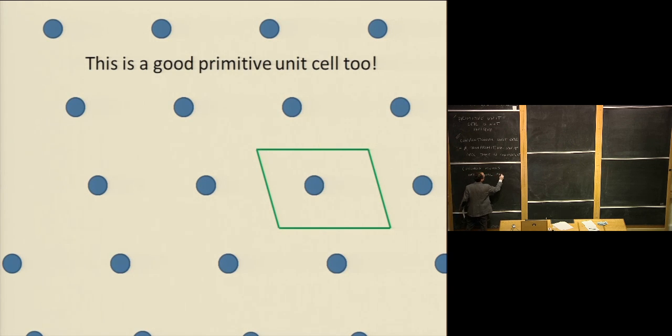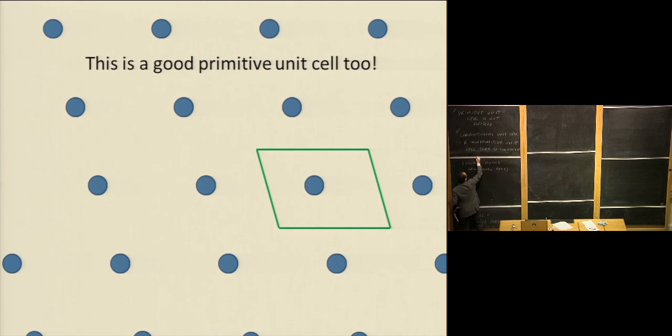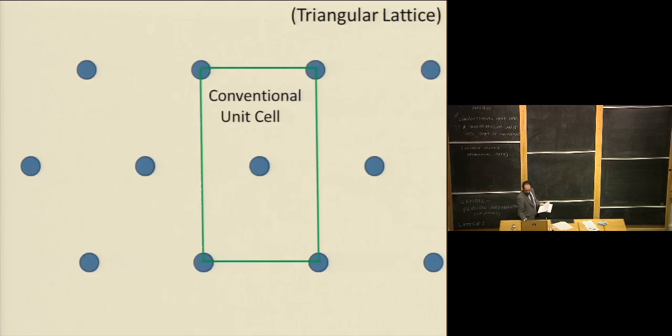Did I spell that right? I think so. So for example, here we have a triangular lattice and a conventional unit cell here with orthogonal axes rather than a primitive unit cell.